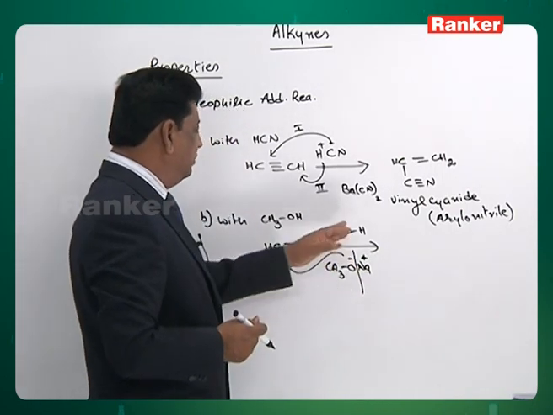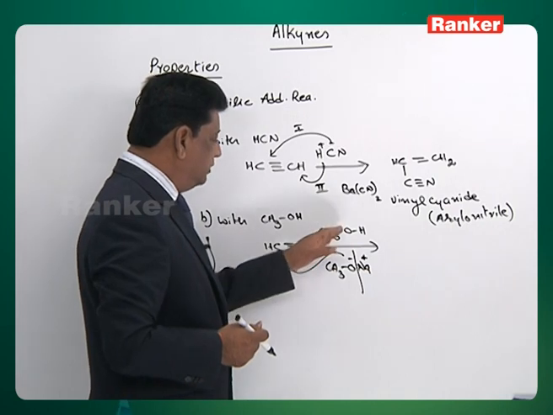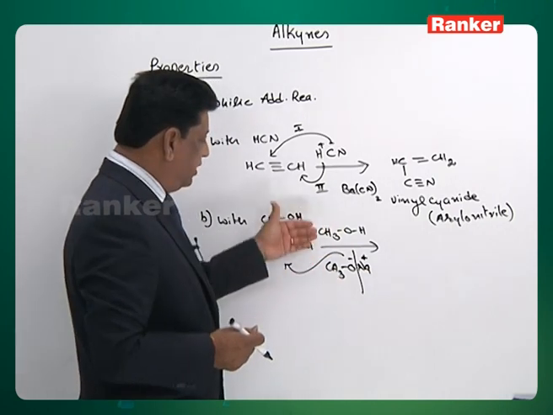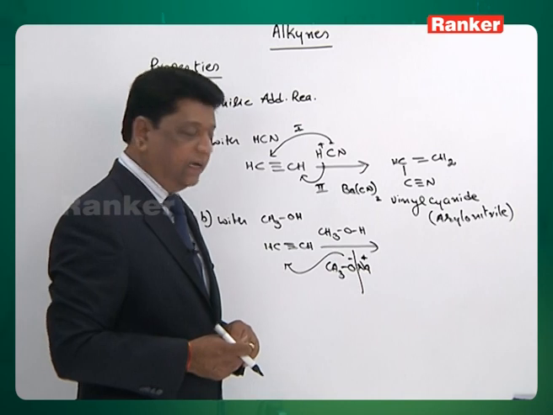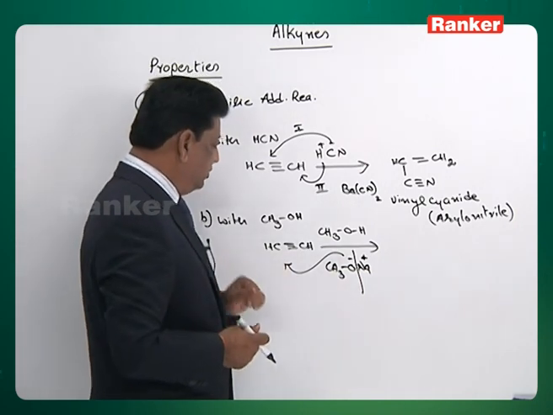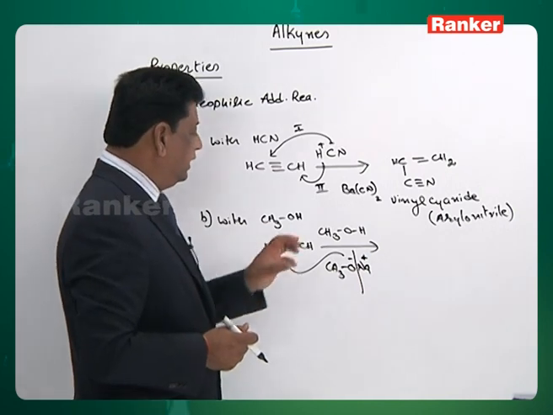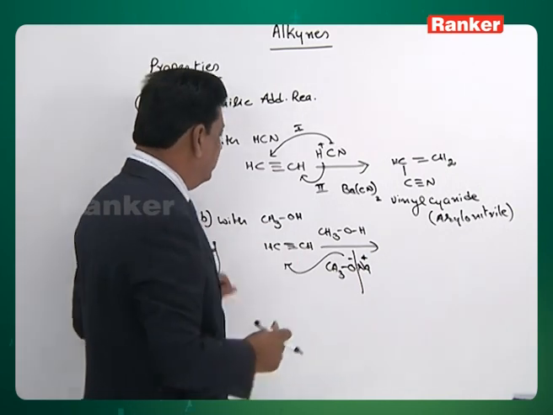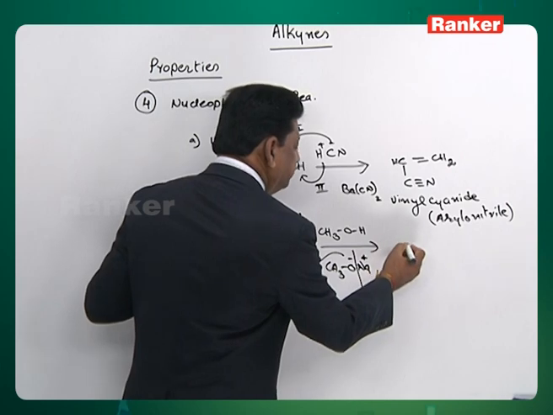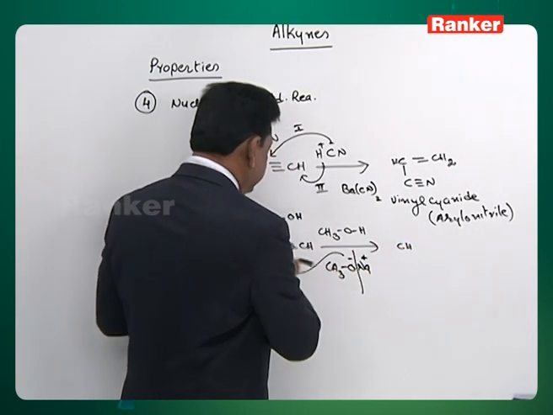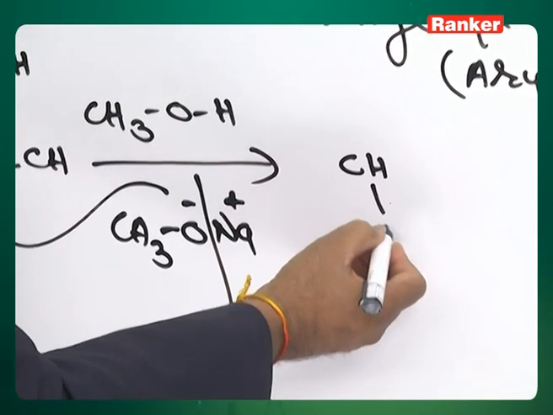After the methanol addition, the H adds and methoxy is regenerated as the catalyst. So, this methoxy comes into the compound, and this methoxy goes back into the reagent. That is why again this is proved to be a nucleophilic addition reaction. Either side, because they are identical, you can add on either side.